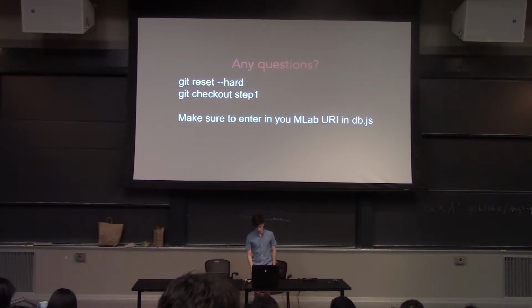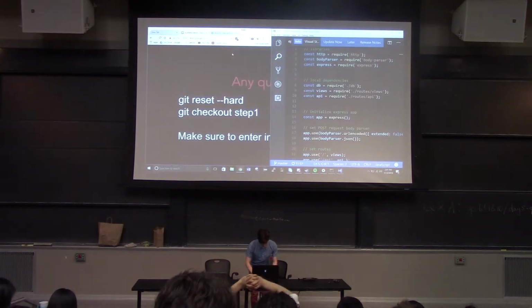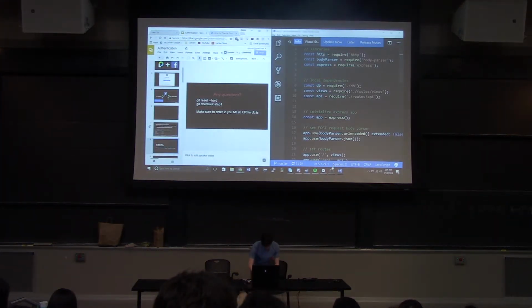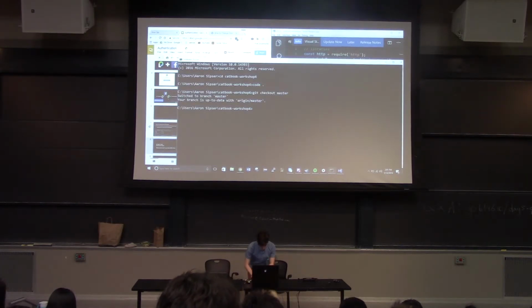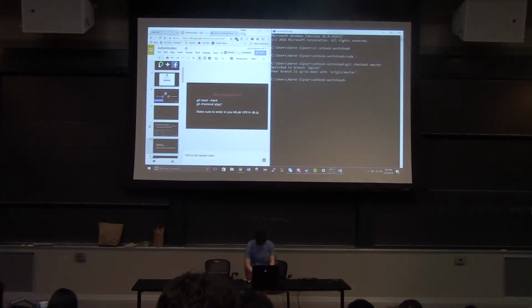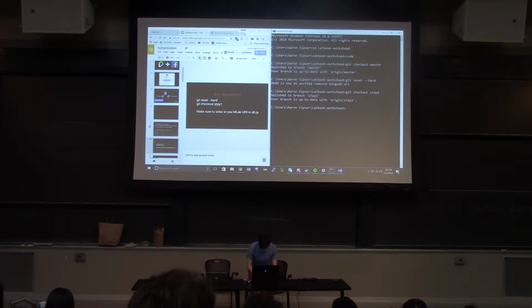It's not too hard. That's what you have to type. I'm going to do it on my end as well. I'm going to git reset --hard, git checkout step 1. Great, so I'm on step 1. Now I'm going to sit down because this stuff gets sad.